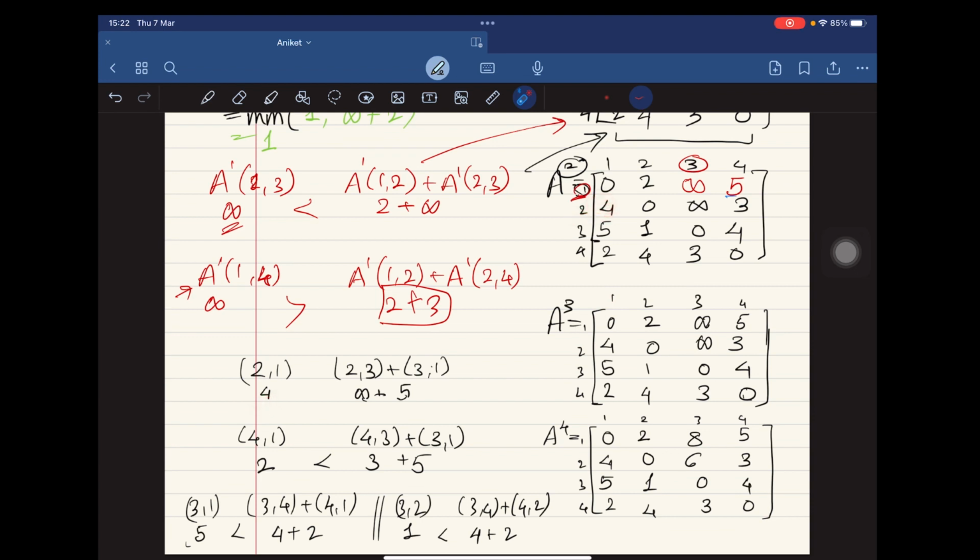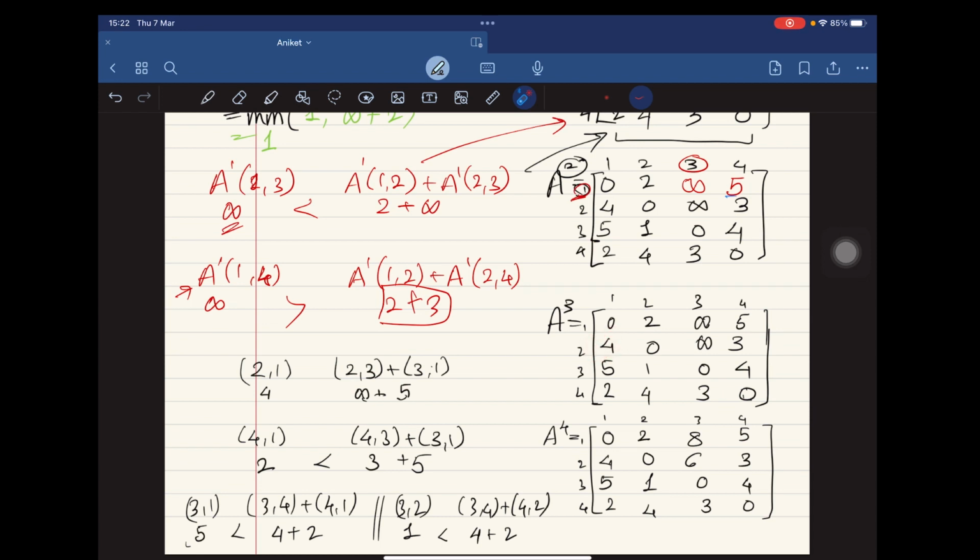That's what's written here. But we also need to check whether there is any other path that is smaller from 2 to 1 via 3, right? So from 2 to 3 and 3 to 1, we have 2 to 3 is infinity here, and then we have 3 to 1, which is 5 here. So the smaller one is 4. That's why we have 4 over here, right?